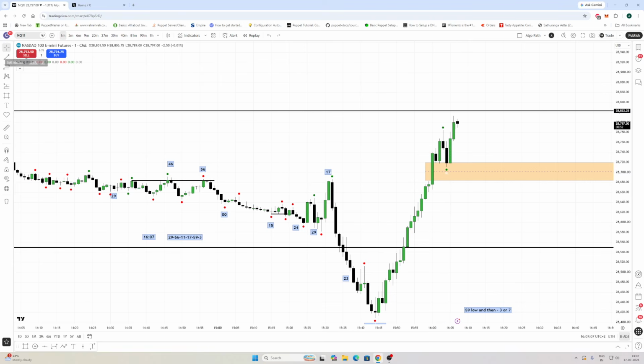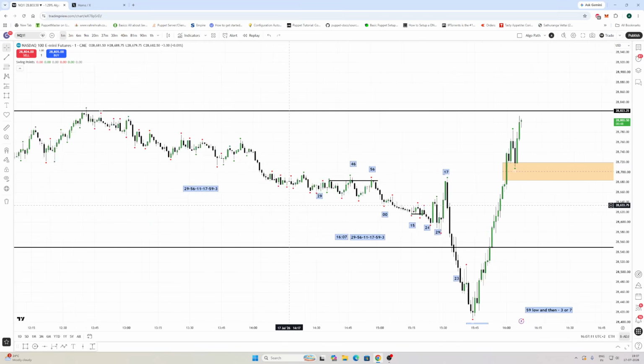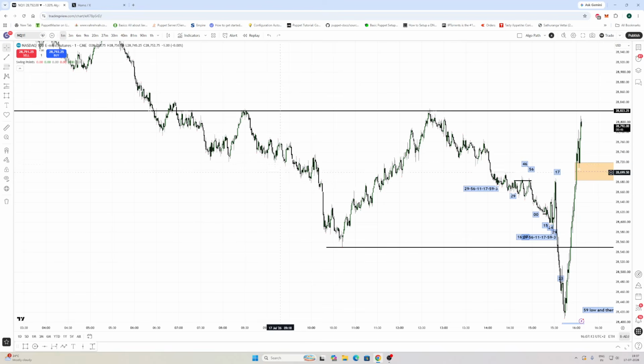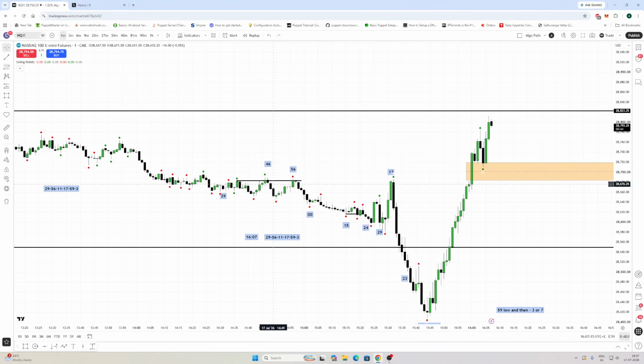Okay. So well, let's wait until the close of this candle because the liquidity is so nearby. We want to nail this short if it provides us an opportunity.